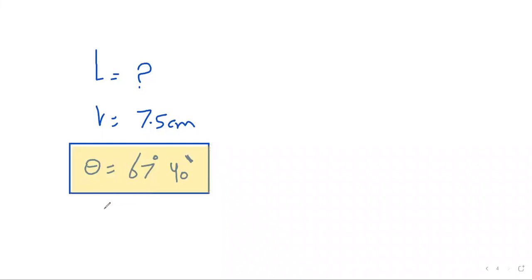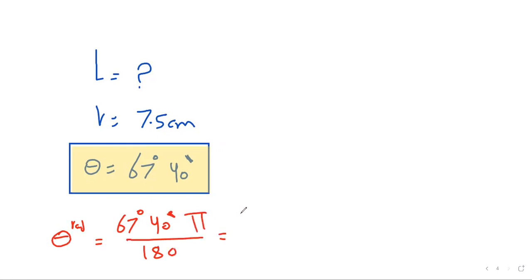We will convert theta to radians: 67 degrees 40 minutes, that is 40 over 180 times pi. So theta radian equals what? You can leave it, by the way. This is theta radian.